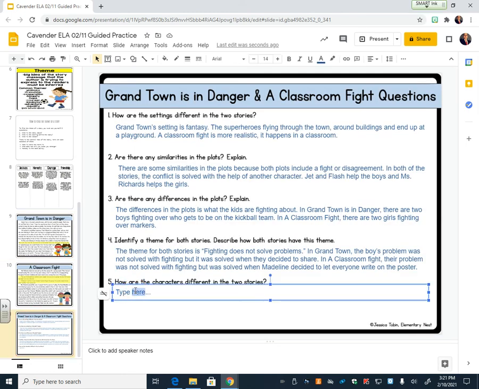So the Grand Town characters were boys, and I'm going to say their fight was getting physical, which means they almost started fighting with their hands.